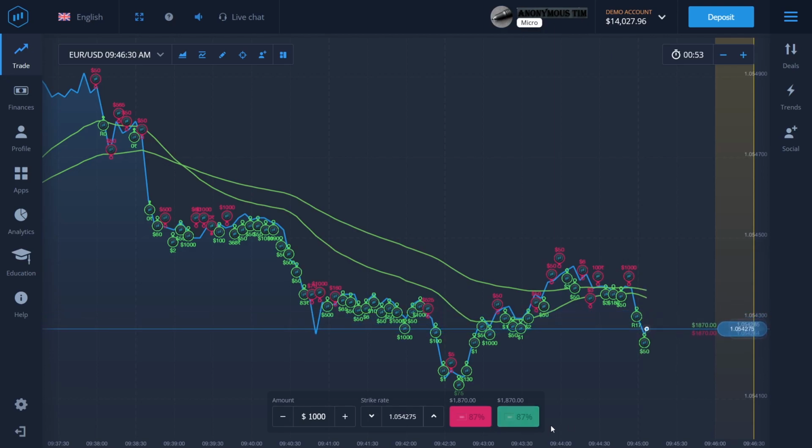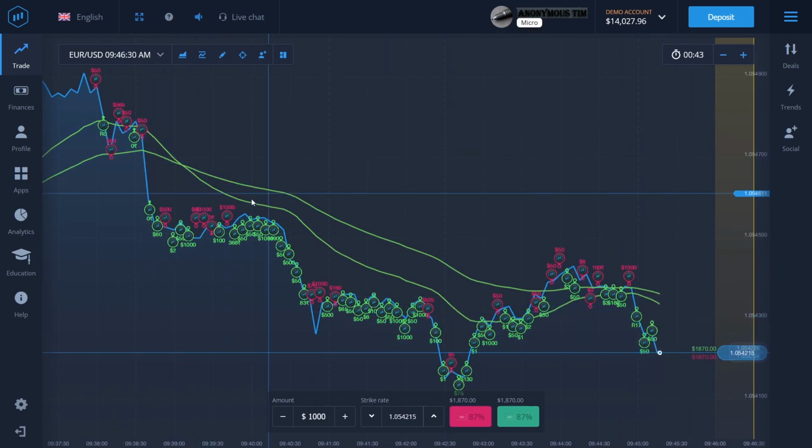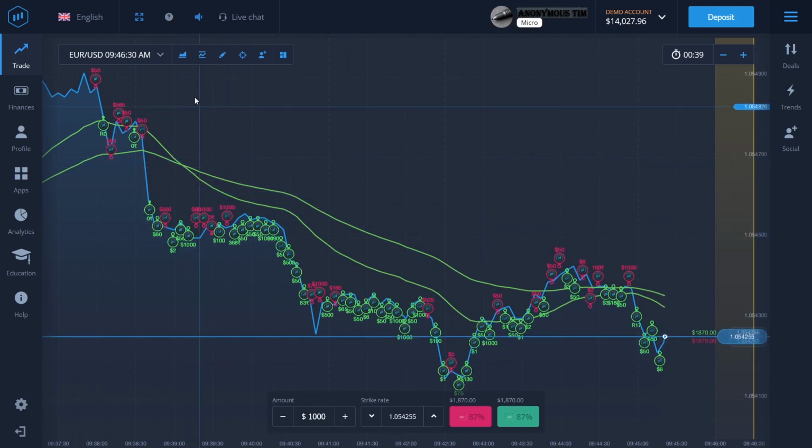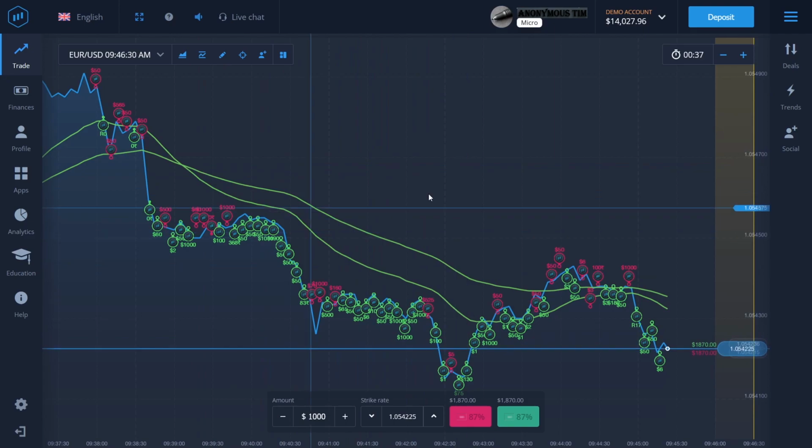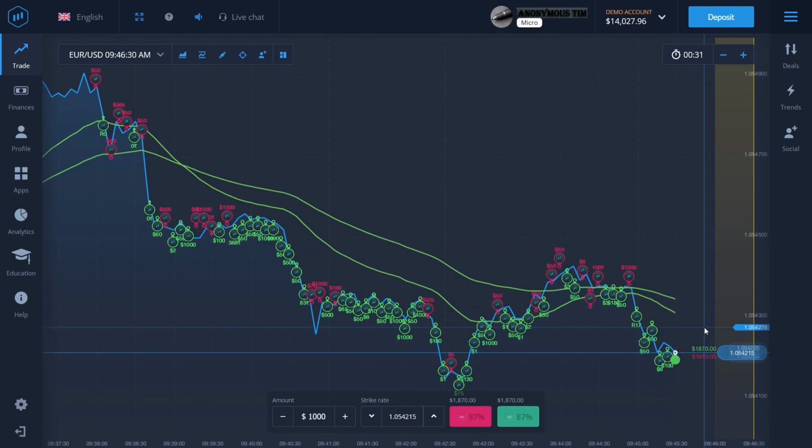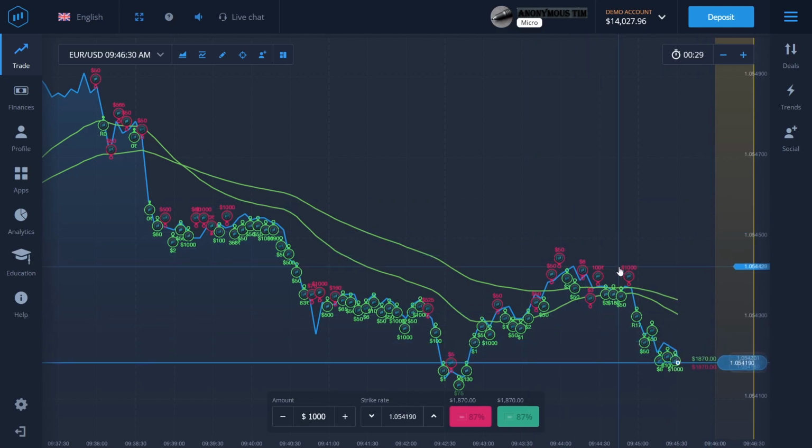That means if you think that the graph is going to go up, so the blue line here is the graph, and the green lines connecting, or intersecting with one another, are the moving oscillators. So I'm not yet going to place my trade. You need to be very careful.